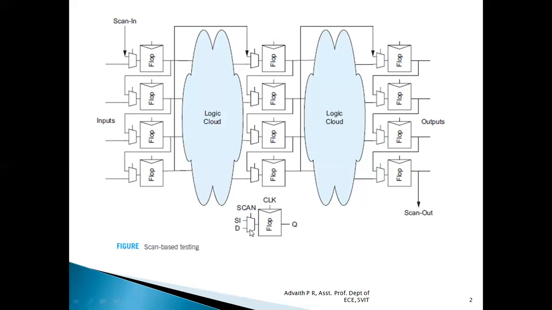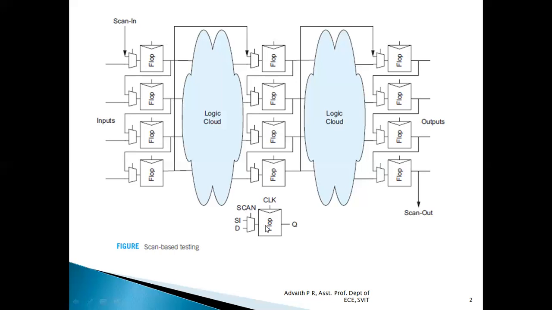As we already know, this multiplexer has two inputs and a select line called scan. Depending upon the scan input, whether the D input or the S1 input should be given to the flip-flop will be decided.